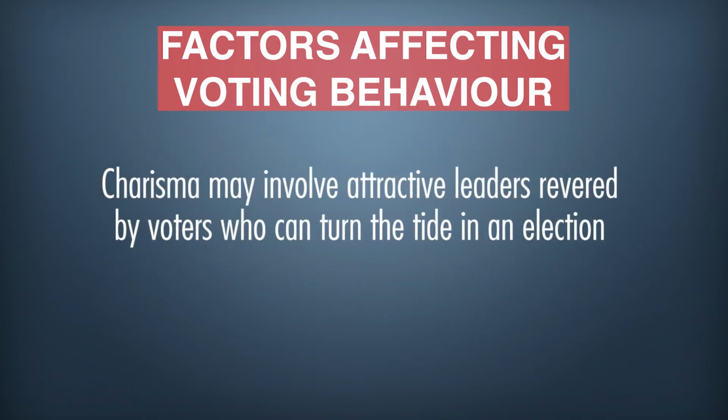Charisma may involve attractive leaders revered by voters who can turn the tide in an election. Many of the Indian voters worship their party leaders as heroes. This hero worshipping plays an important role in turning electoral results and turnouts.